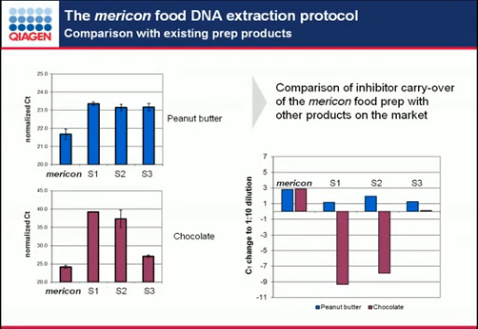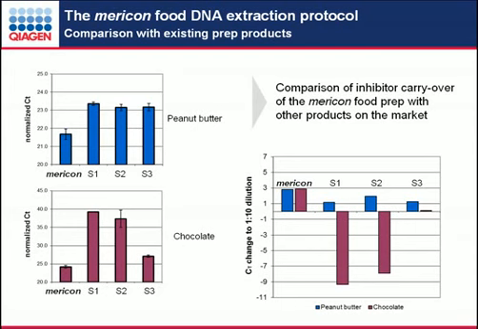This is the same starting material, so the only influence is the different sample prep. The Maricon in both cases, both the peanut butter and chocolate, shows a lower CT, which suggests that there is less inhibition or better removal of the inhibitors from using the Maricon food DNA extraction kit.